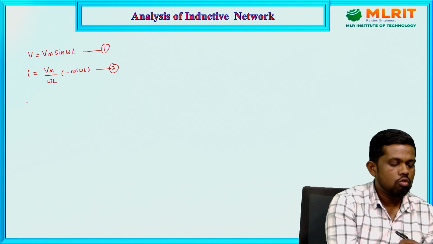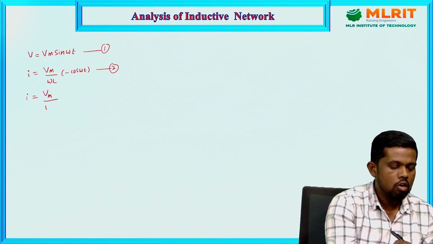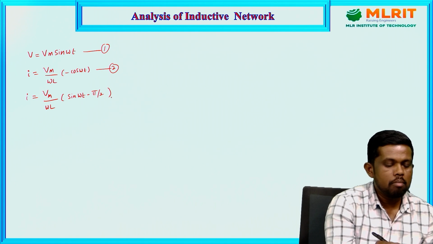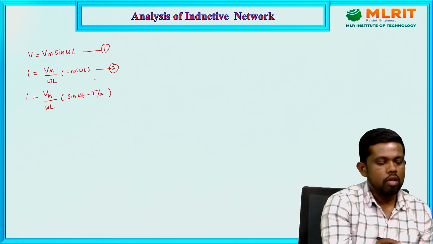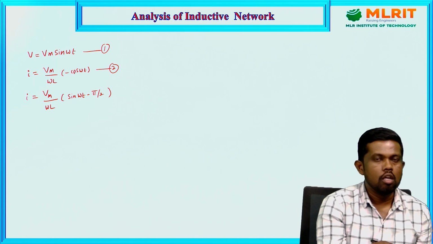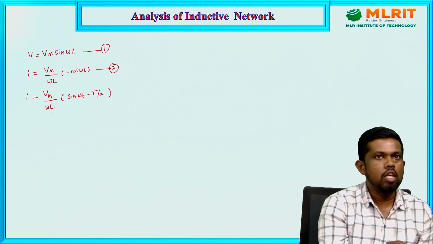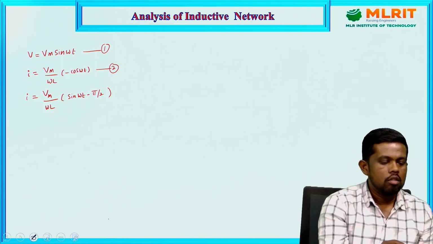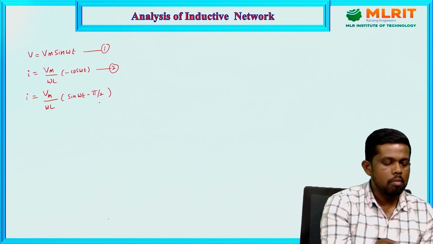So I am also going to write this in terms of sine nature. That is Vm upon omega L, then sine of omega t minus pi by 2. Similar to sine of 90 minus theta, we can write the sine of omega t minus pi by 2 as minus cos omega t. So based on that, I equal to Vm upon omega L sine of omega t minus pi by 2.